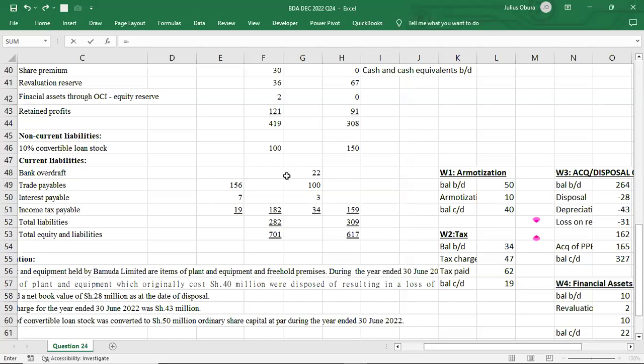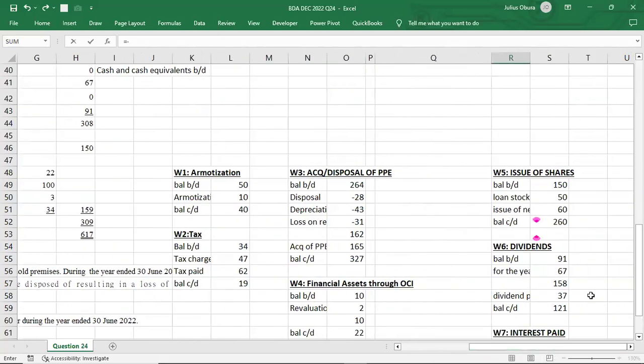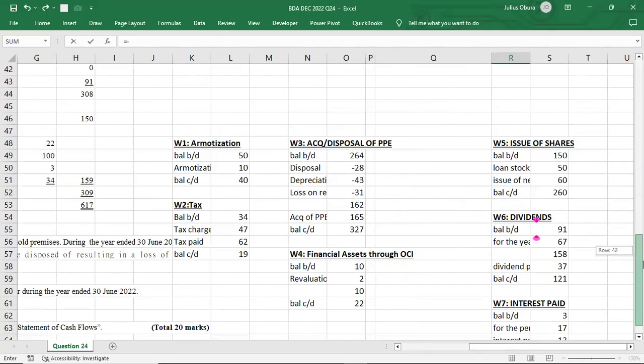So we go to the year 2023, where we had 22.